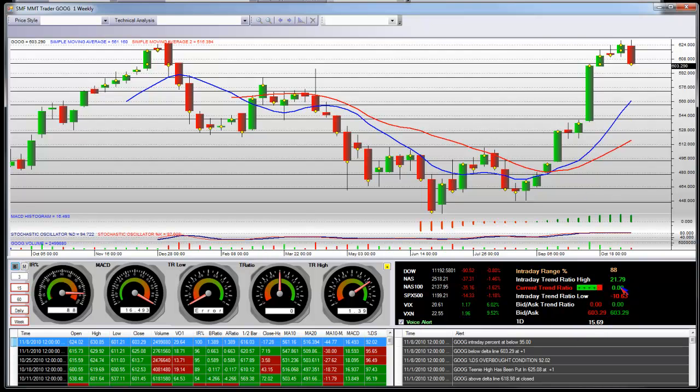And basically we can look under the SMF MMT hot rod hood down here, because right in here it's going to tell us exactly what the relevancy and price action momentum is. Weak? Is it strong? Is it medium, combined during the weekly price action within the actual exchanges during this last week?